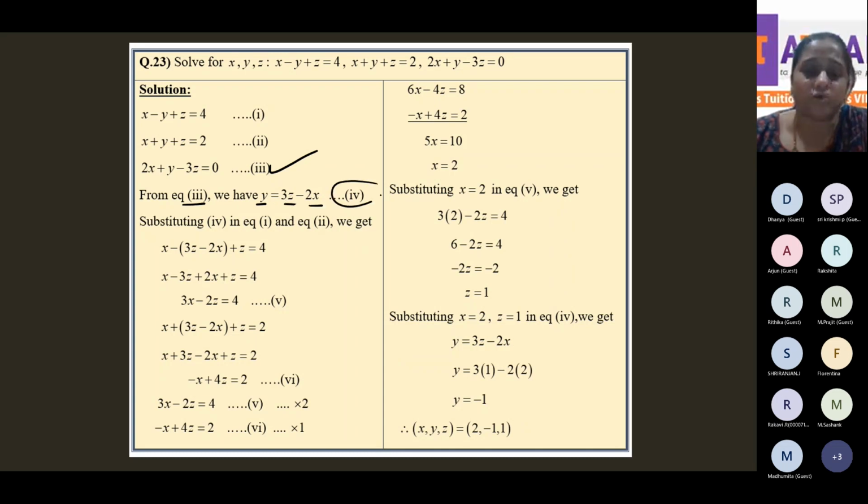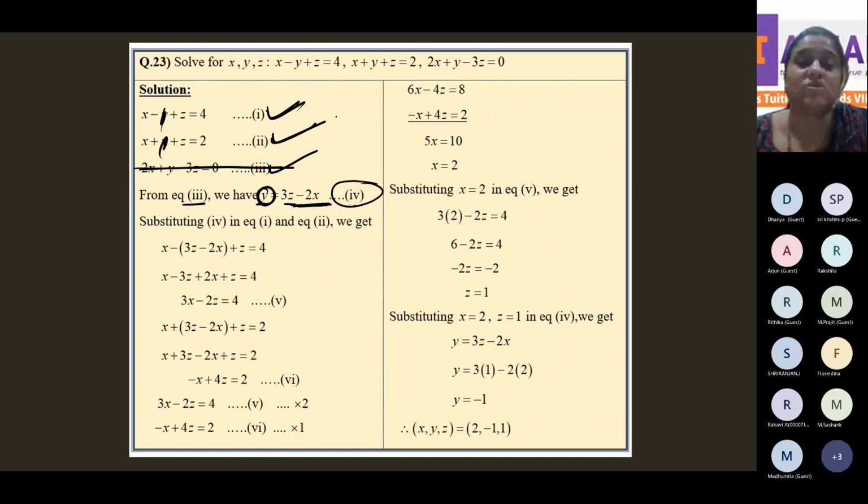So now I'm calling this 4. How did I get 4? Using 3, I got 4. So leave the third one. Substitute this 4 in 1 and 2. That means in 1 and 2, in place of y, use this one, 3z minus 2x. So what will happen in the equations 1 and 2? The variable y is gone. So you will only have the variables x and z.